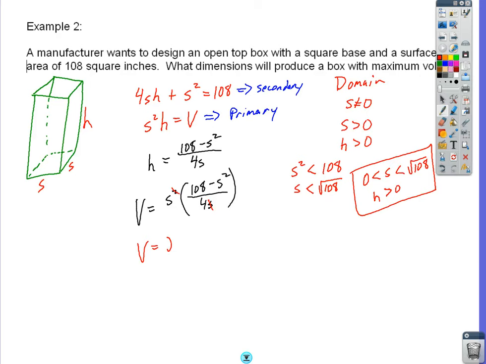So I end up with 27s minus 1/4 s cubed. There's my volume. Now I can go ahead and take the derivative of my volume. V prime is now equal to 27 minus 3/4 s squared.